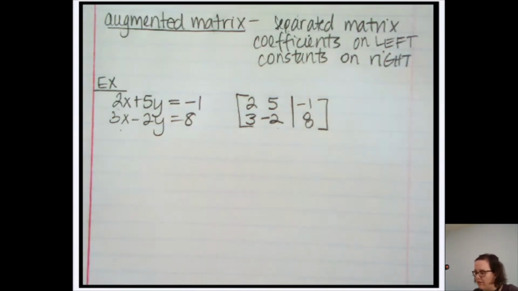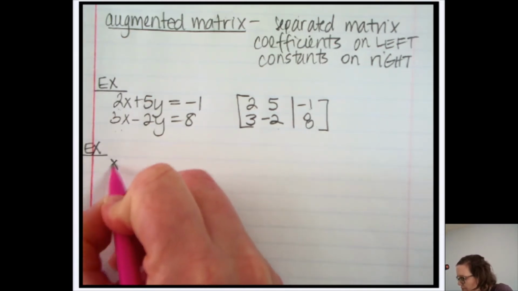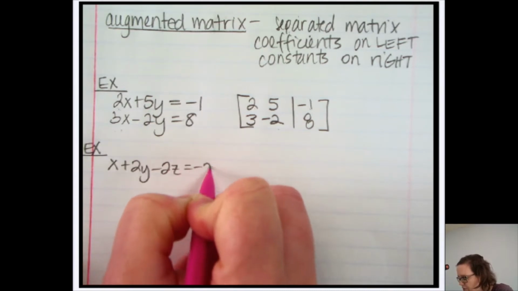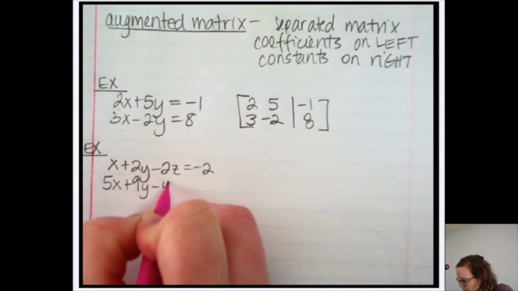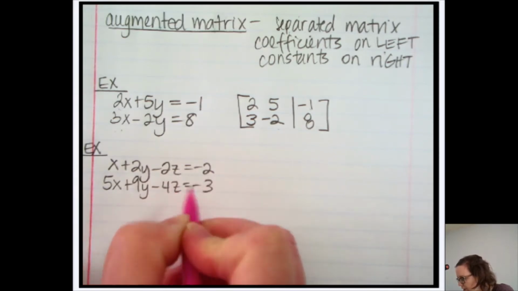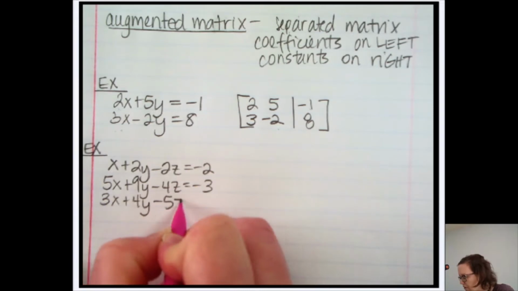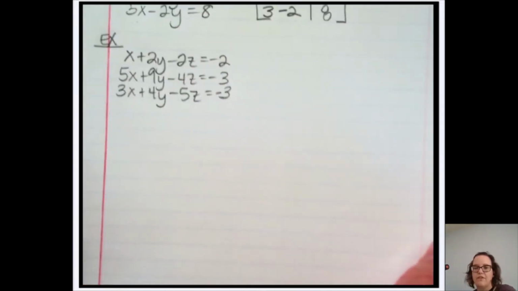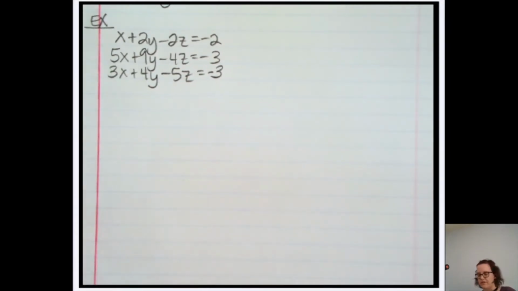Now, let's see what this one would look like. So this would be a good time to pause after I write out the three equations and see if you can write the augmented matrix, because this will be the first step in solving equations using Gaussian elimination. So take a minute and see if you can write the augmented matrix for this system.